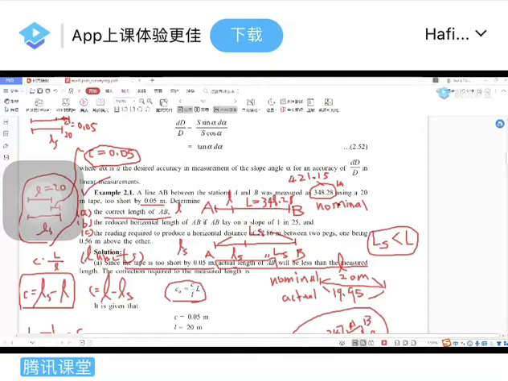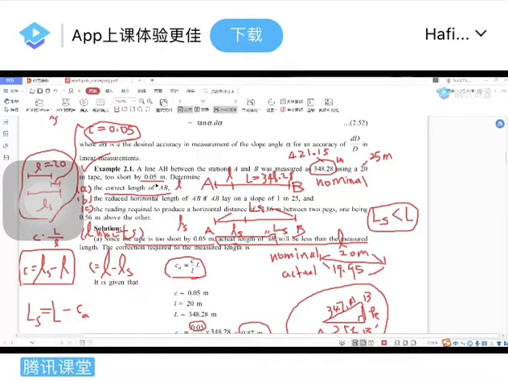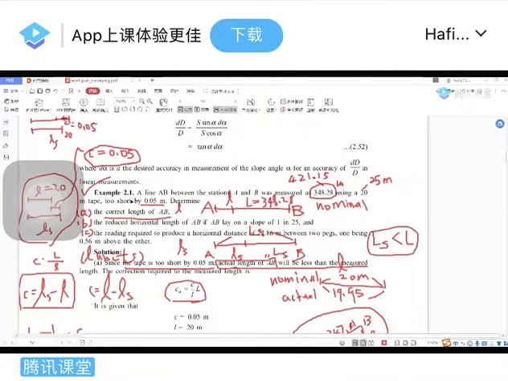And now you are not using a 20 meters tape. Suppose you are using a 25 meters tape. And it's not too short, it's too long.